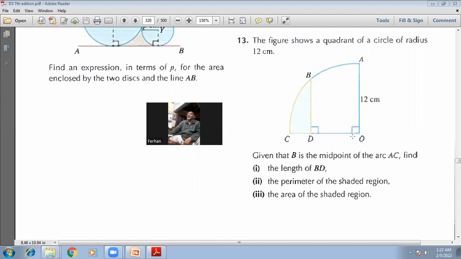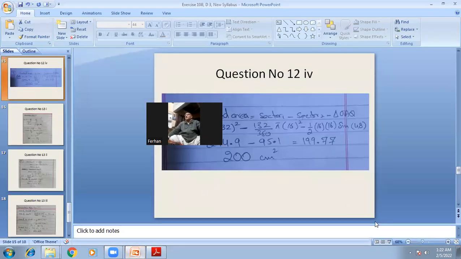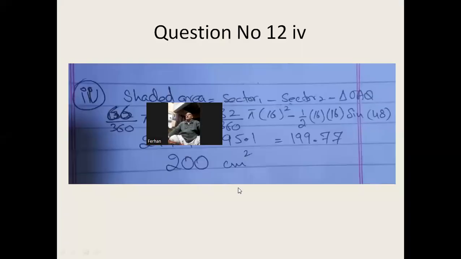Once I know the angle here, and I know this will be equal to 12 because this is also a radius, I will be able to find out this BD, which will be the perpendicular in that right angle triangle. So this is the strategy for the first portion. So let's solve it.